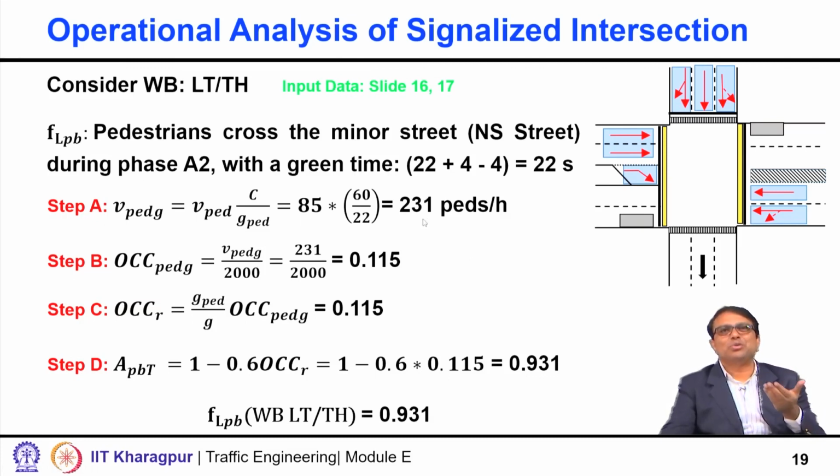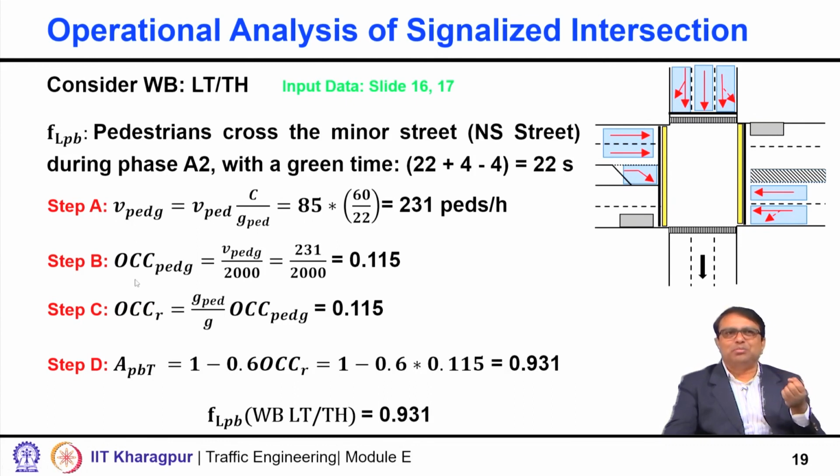The equivalent flow rate is 231 pedestrians per hour, obviously higher than 85. Why higher? Because all are getting discharged ideally in the pedestrian green time. So, that flow rate is 231.